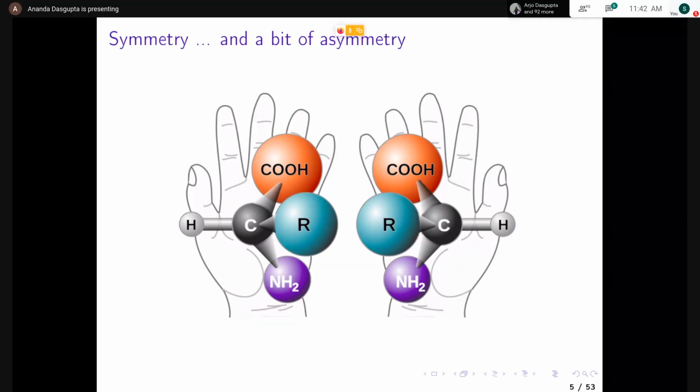One enantiomer may be active, may be a drug, the other one may simply be completely inactive. And there's a good reason for that. The good reason, of course, is, okay, I'm simplifying this a bit, but in most situations, these chemicals work by docking into regions of bigger molecules.